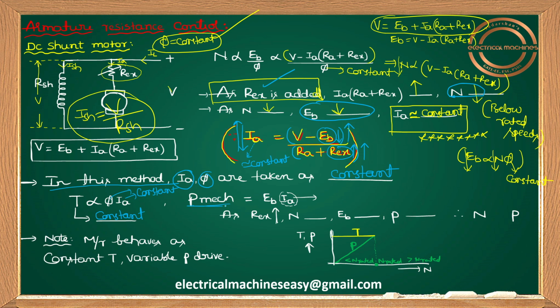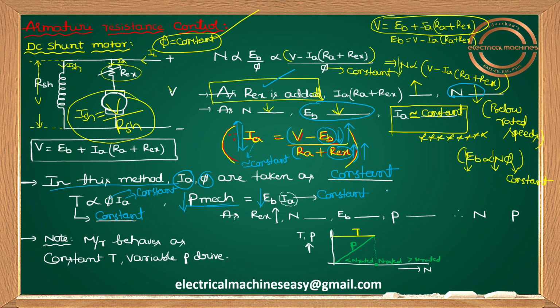The electrical equivalent of gross mechanical power developed by a DC motor is EB into IA, and I took IA approximately constant in this armature resistance control method. As RX is added, N is reducing and EB is reducing. Whenever EB is reducing, mechanical power will be reducing.